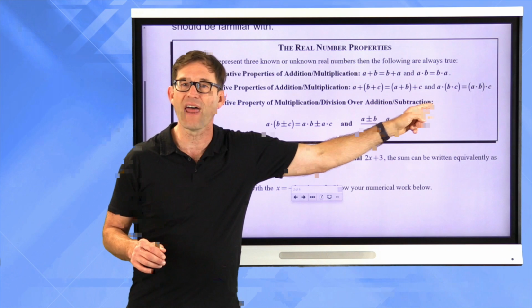But I can actually rewrite this as 3x plus 7 plus 2x plus 3. In other words, I can regroup this addition, and I really have the sum of 4 different terms, but I'm going to regroup it so I'm adding these 2 terms like that. Now, that's the associative property.